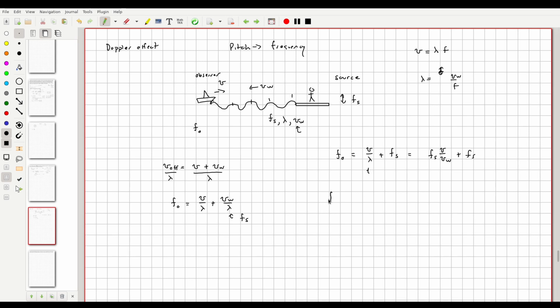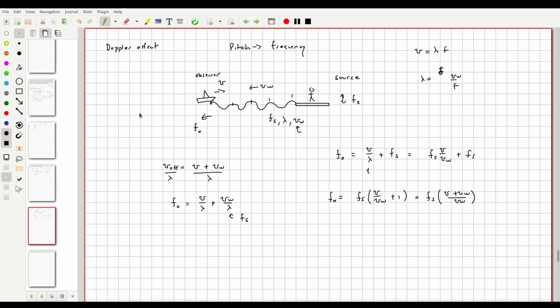So I can actually find a relationship between the frequency that I see, the source's frequency, the velocity that I'm traveling at, and the velocity of the wave. Now, typically the way this is written is the following. If I were to move away, I would see the peaks less frequently, and that would be analogous to me putting a minus sign here.